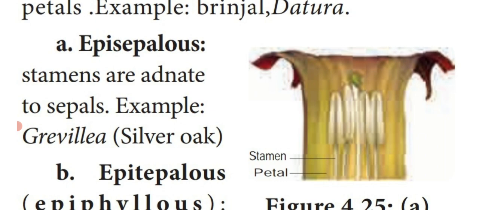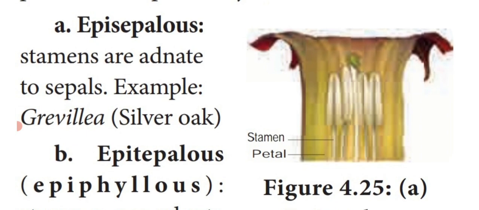The stamen is fused with the individual unit of a sepal. That means, calyx unit is known as sepal. That is said to be episepalous. See the definition. Stamens are adnate to sepals. Example, Grevillea. A common name is silver oak.